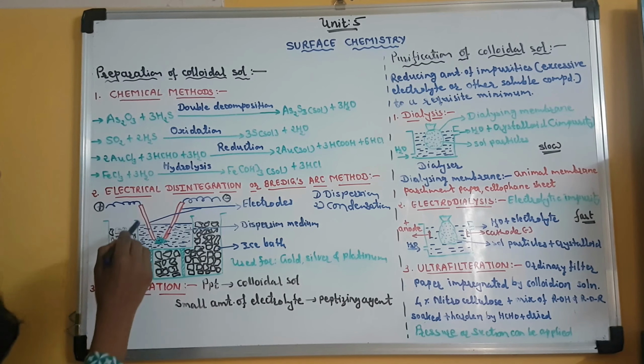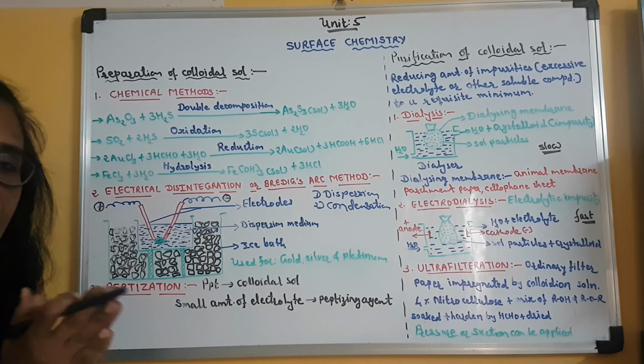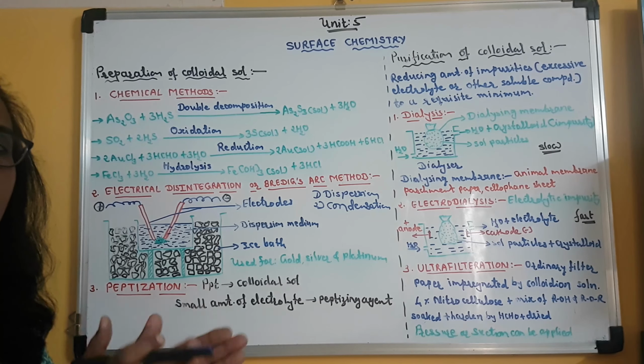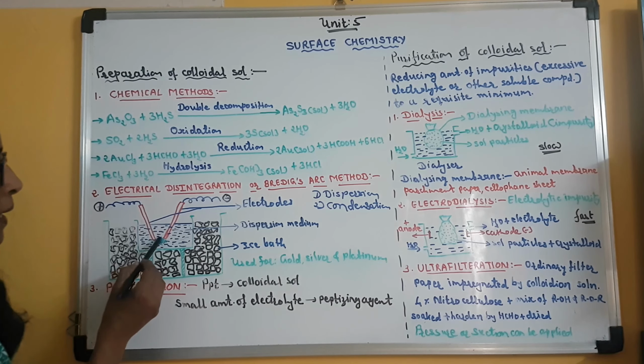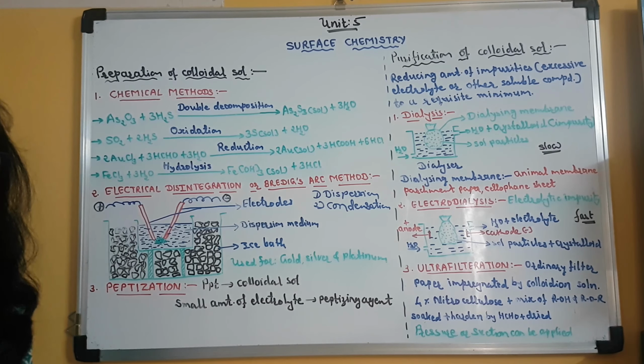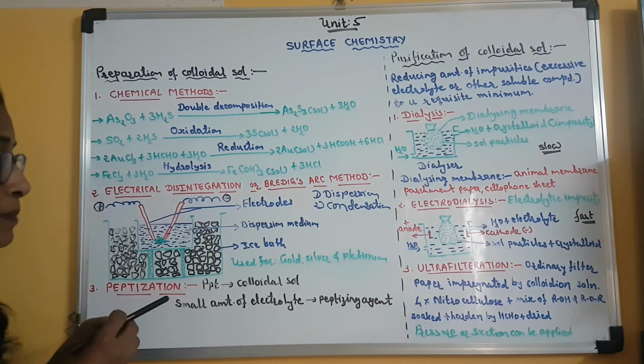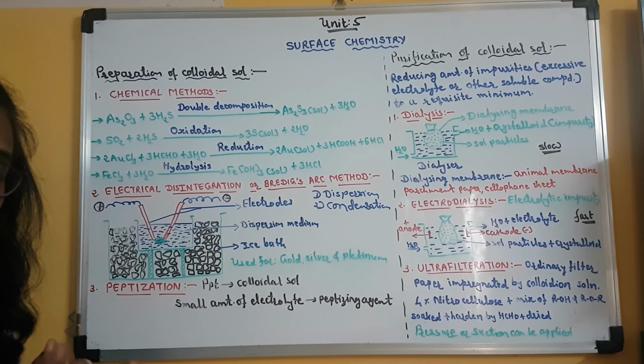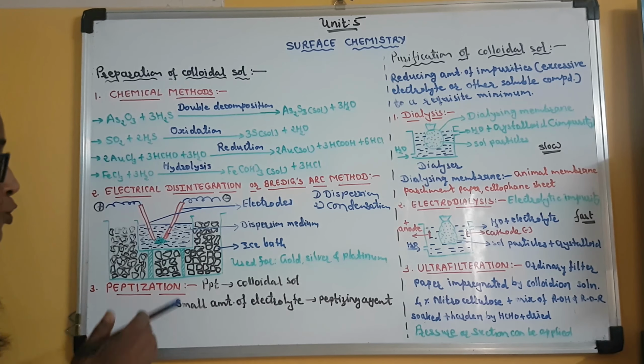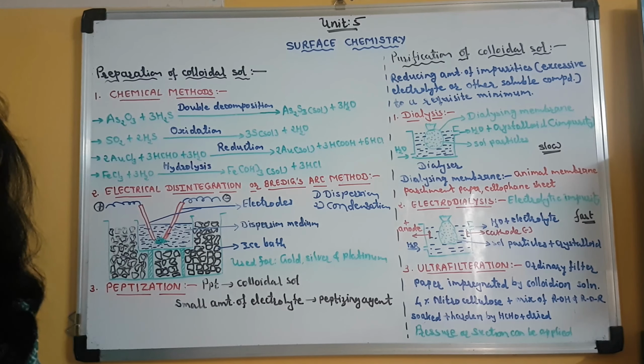Between these two electrodes, a strong electrical arc is struck, so that immense heat is produced by this electrical arc and the metal will melt. Clear? And it will get vaporized, not exactly melting, but the solid metal is directly converted into the vapor phase. So this metal will get vaporized.